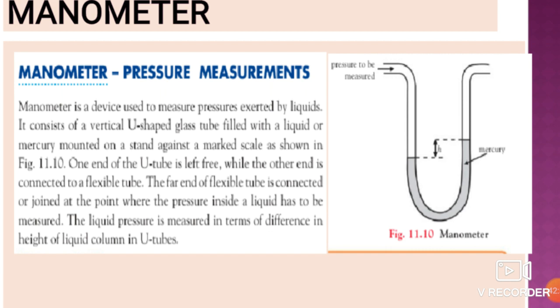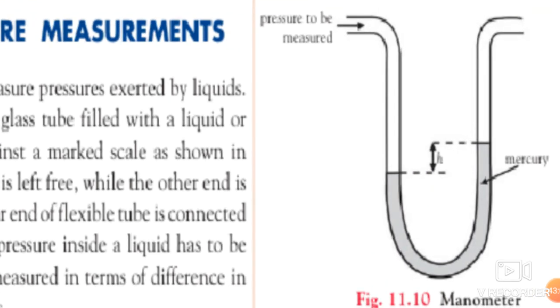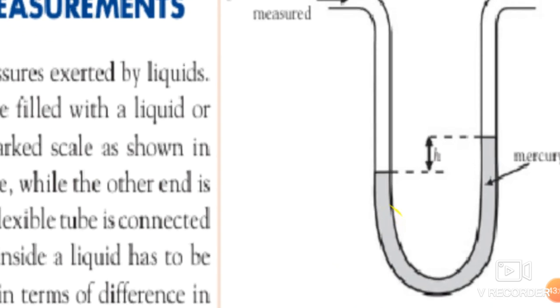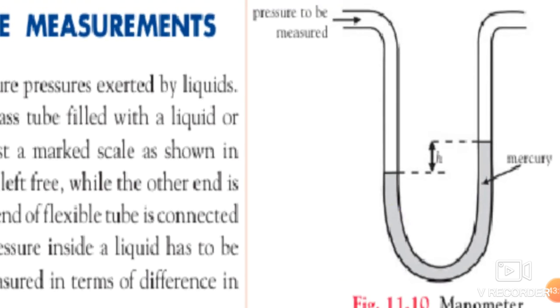So the liquid pressure is measured in terms of the difference in the height of the liquid column. When the pressure is exerted by the liquid, there is a difference of the liquid column, which is denoted by the height. First, we take the U-tube, filled with any kind of liquid, at an equal level.